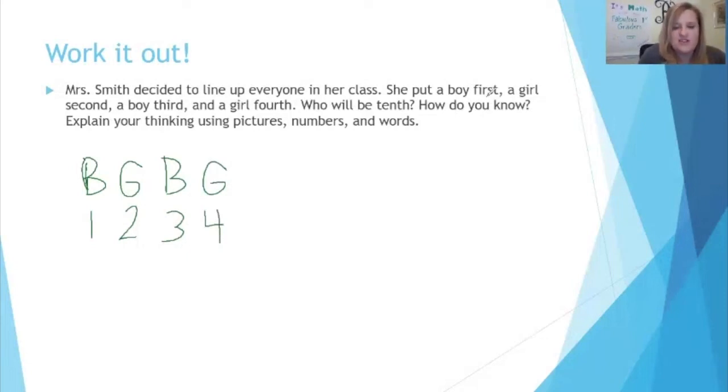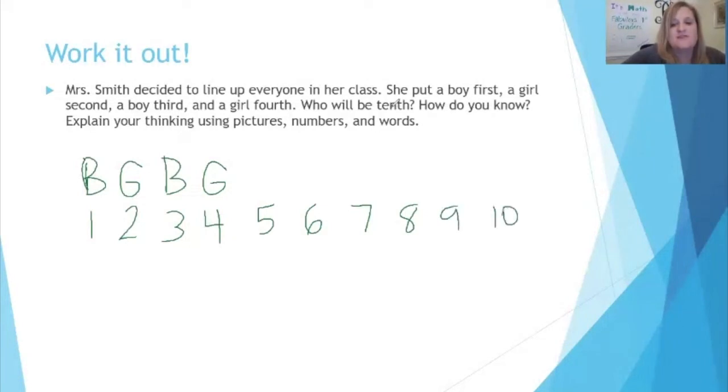Now the first question, it says, who will be 10th? So how are we going to find that out? We need to extend the pattern. How far do we have to extend it? Yes, 10 places. So I'm going to go ahead and write my numbers 5, 6, 7, 8, 9, 10.